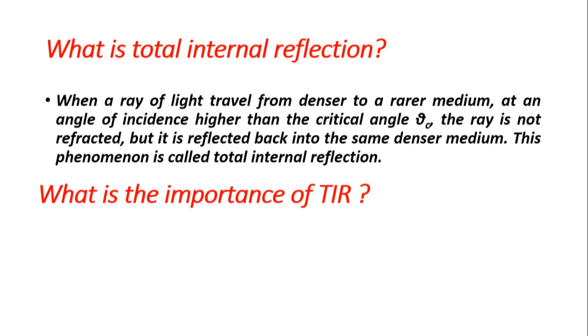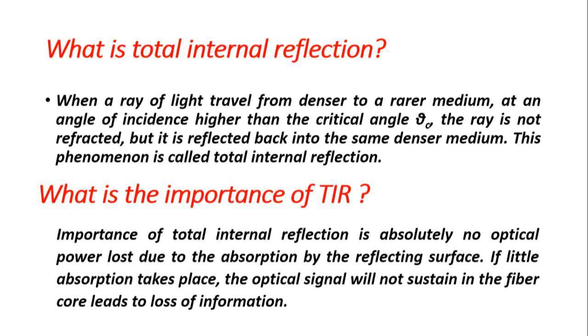Then what is the importance of total internal reflection? This is a very important point we need to understand, because of this importance we use optical fibers. The first importance is that absolutely no optical power is lost due to absorption.